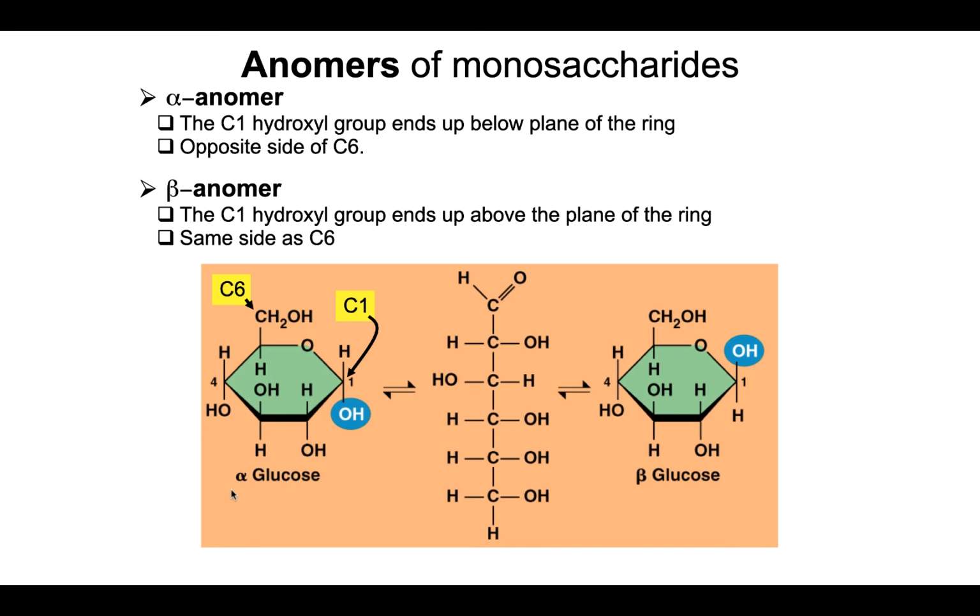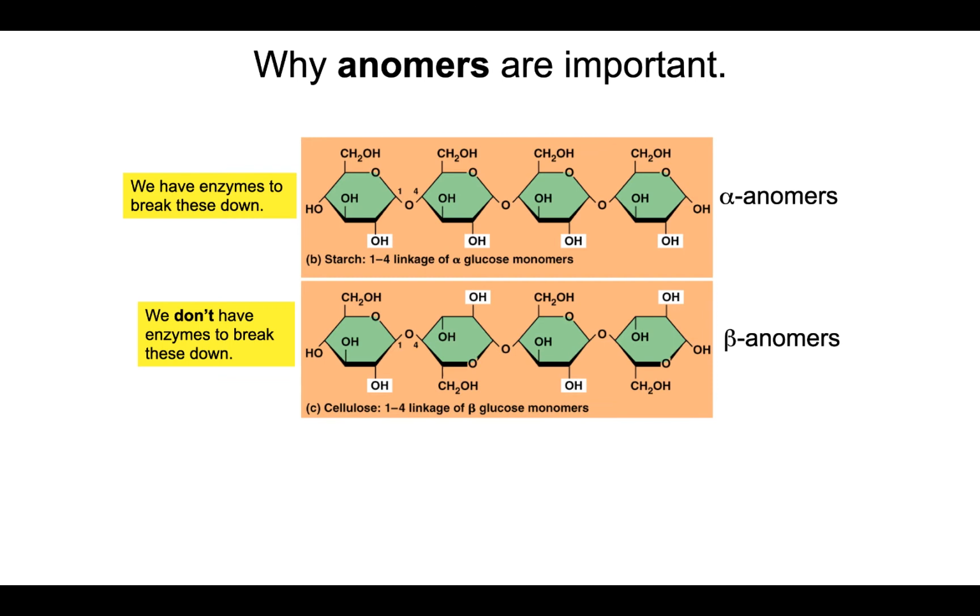And we call that the alpha anomer, or alpha glucose in this particular case. If it happens in such a way where that new hydroxyl group that's formed is on the same side of the ring as that sixth carbon, we call this beta glucose, or the beta anomer of glucose. So again, this looks like a very subtle difference of where that hydroxyl group is, either up top here or down below here. And yet it has an extremely important effect on the structure and therefore function of the molecule that they are involved in.